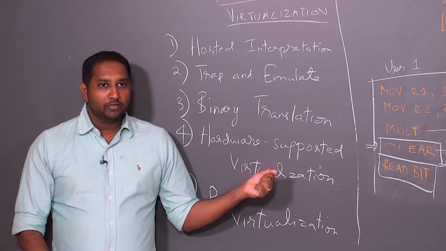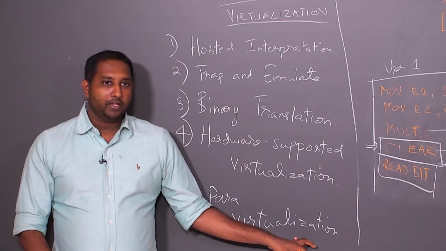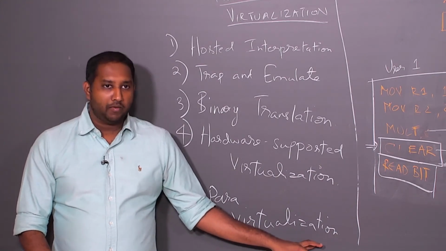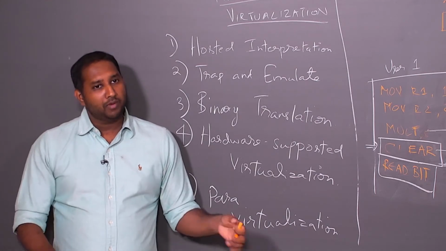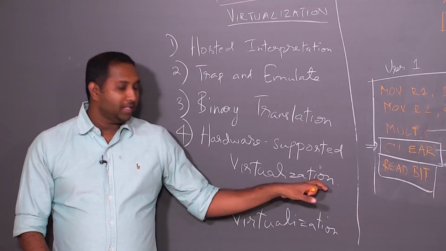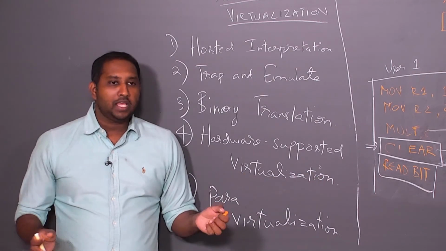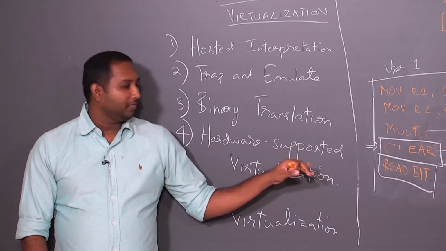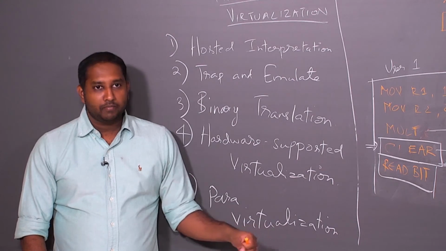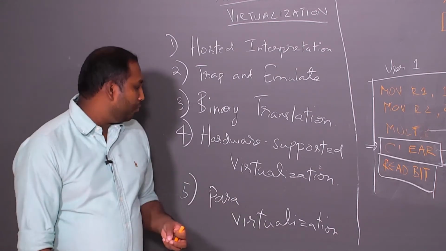The reason is that you need to modify the OS to work with para virtualization. So every new OS version that comes out has to work with para virtualization. Whereas with hardware supported virtualization, you don't have to do any hard OS changes. So this is strictly easier to work with than para virtualization. So that's what happened.